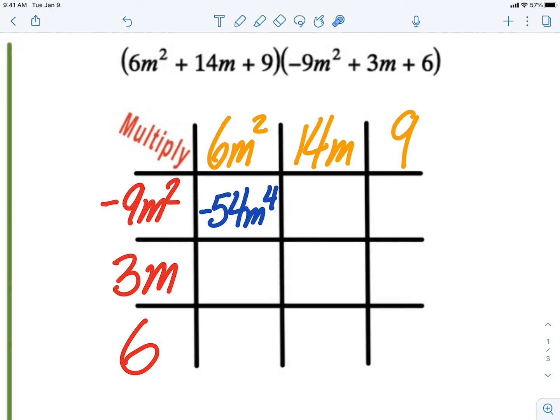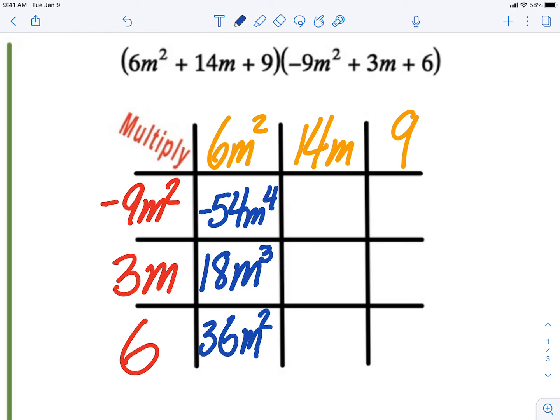Okay, 6 times 3 is 18. 18m, and 2, and then invisible 1 here, 2 plus 1 is 3, so I get m to the 3rd power. And then finally, 6 times 6 is 36, and m squared times, there's no m here, so I'm just going to bring down m squared. M to the power of 2.